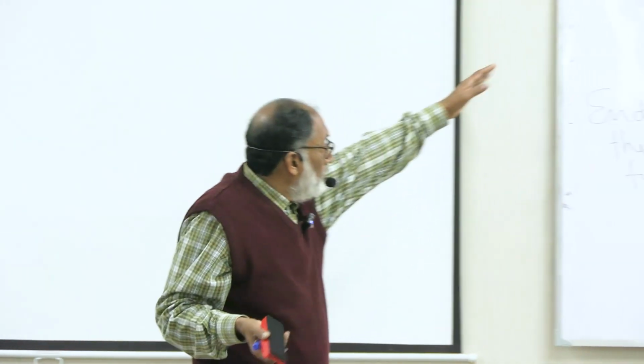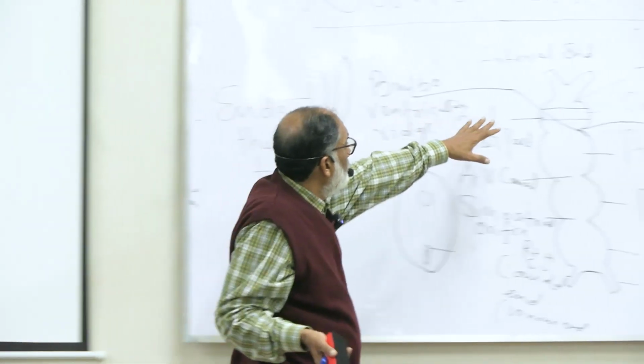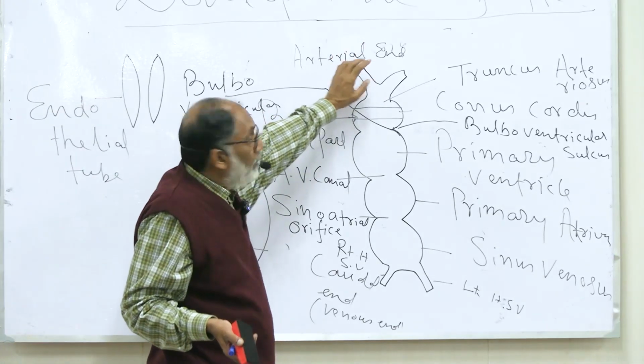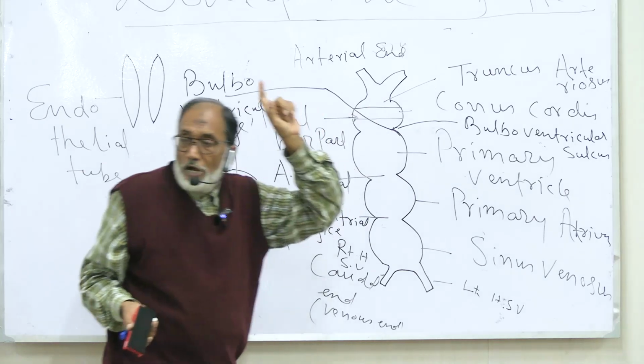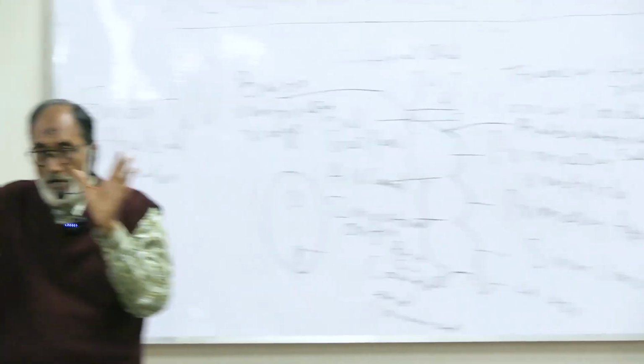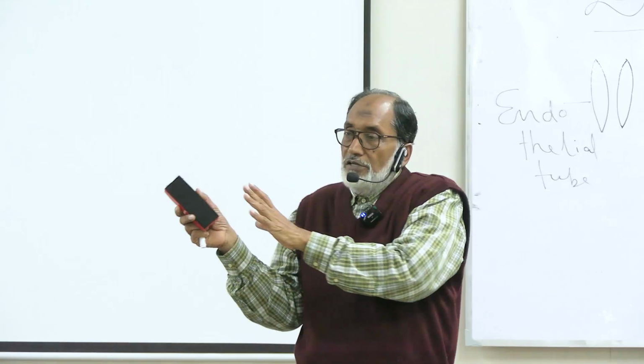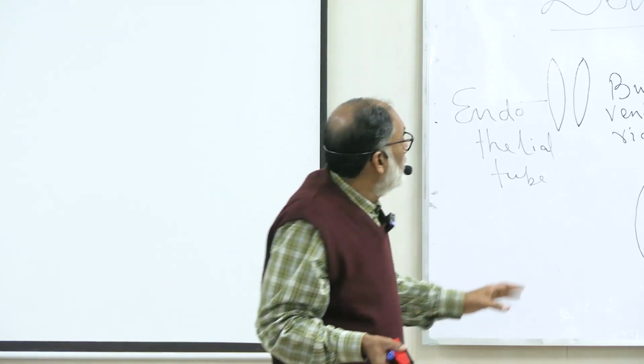Now again I am repeating from the cephalic end or arterial end. Truncus arteriosus will give rise to the pulmonary trunk and ascending aorta.